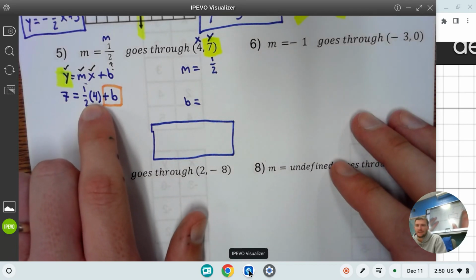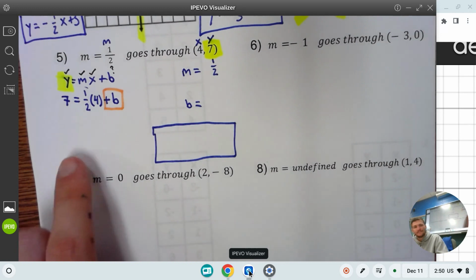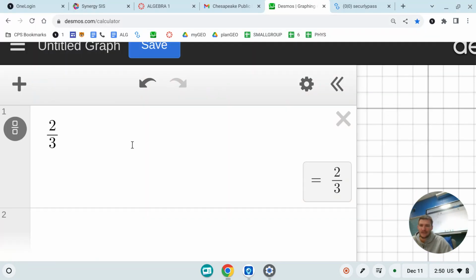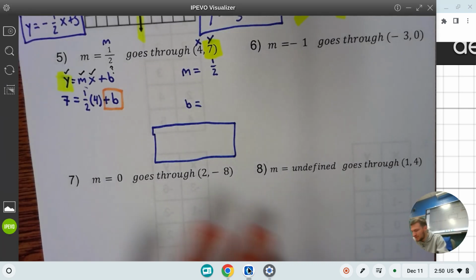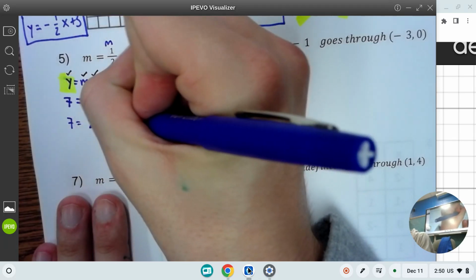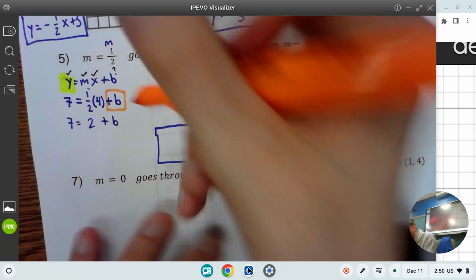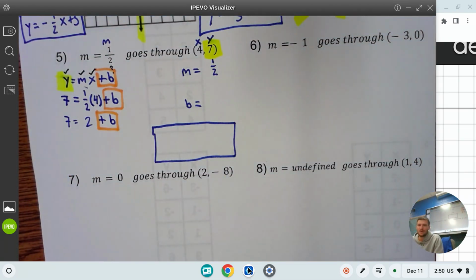Multiply these together because of those parentheses, and then move them to the other side. So to start, just using Desmos, I think we can do this in our head, but 1/2 times 4, Desmos says 2. So we're going 7 equals 2 plus b. Don't forget the plus b, right? Keep writing the b. That's what we're trying to do.